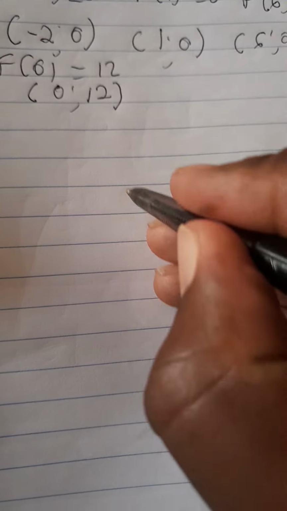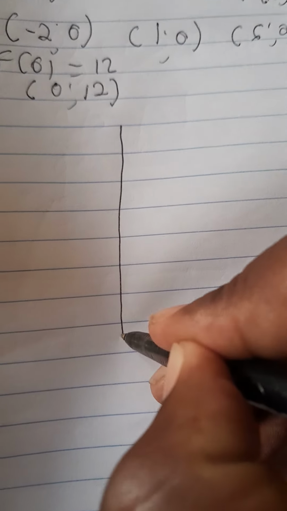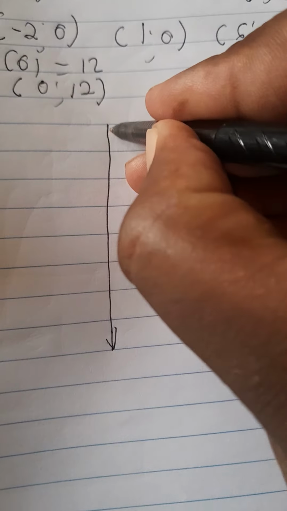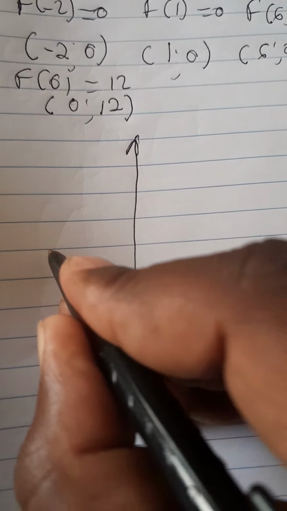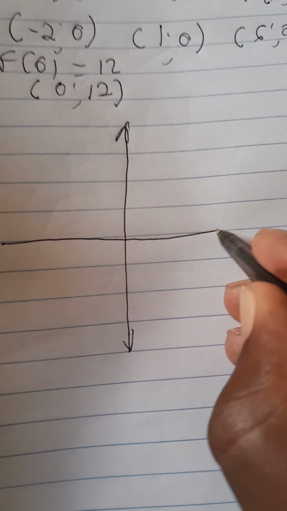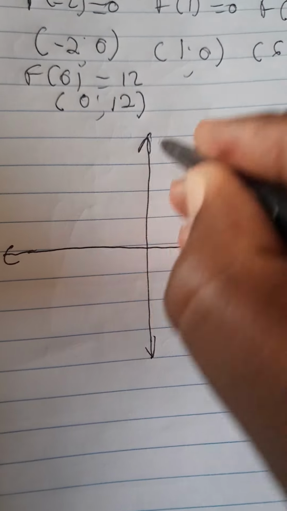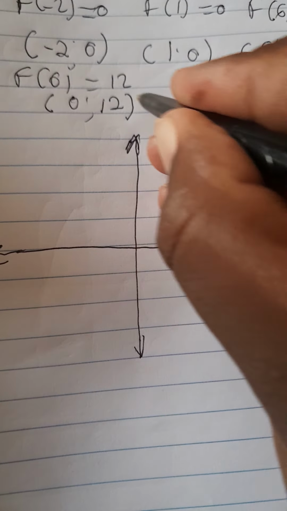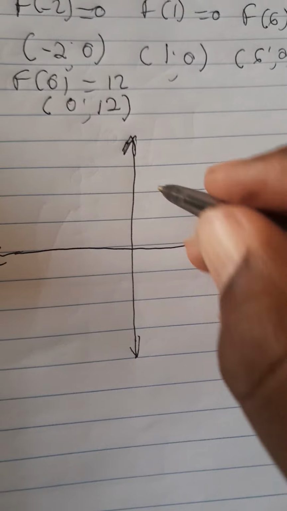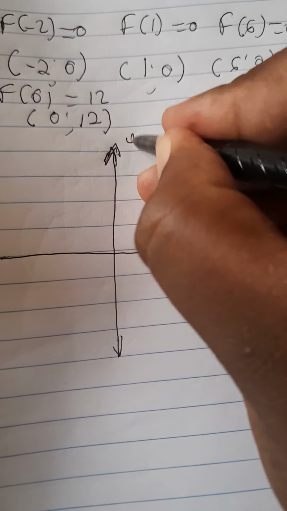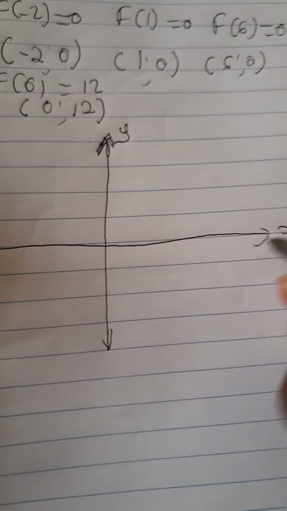Okay. So we are required to sketch a graph. To sketch a graph, it's quite easier since we have the ordered pairs or the coordinates, it will be easier to work with this. Otherwise you'll have a problem if you didn't know how to find the coordinates. So this is the y-axis and this is the x-axis.